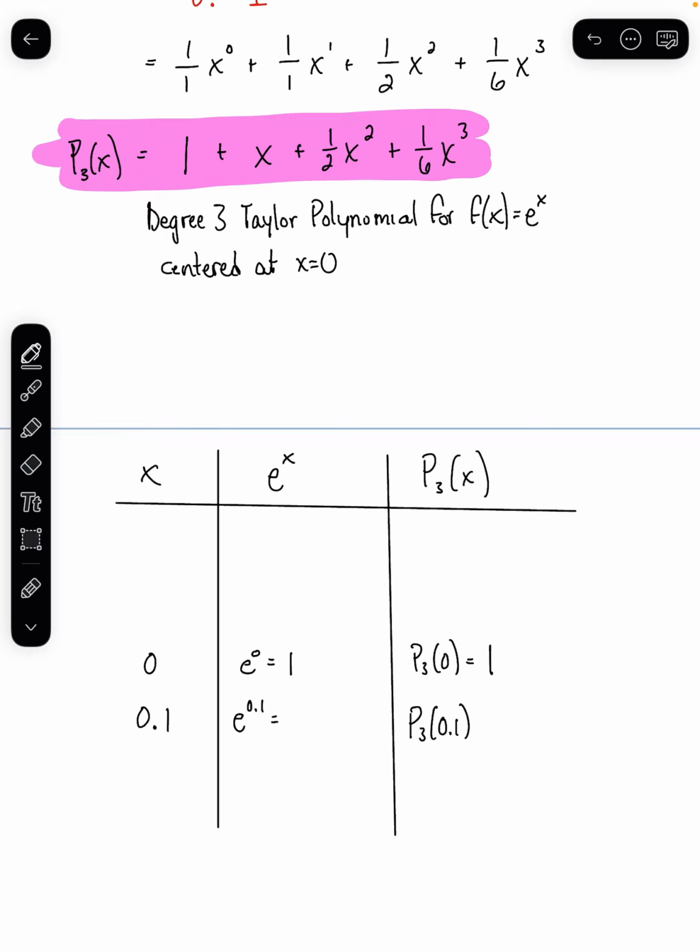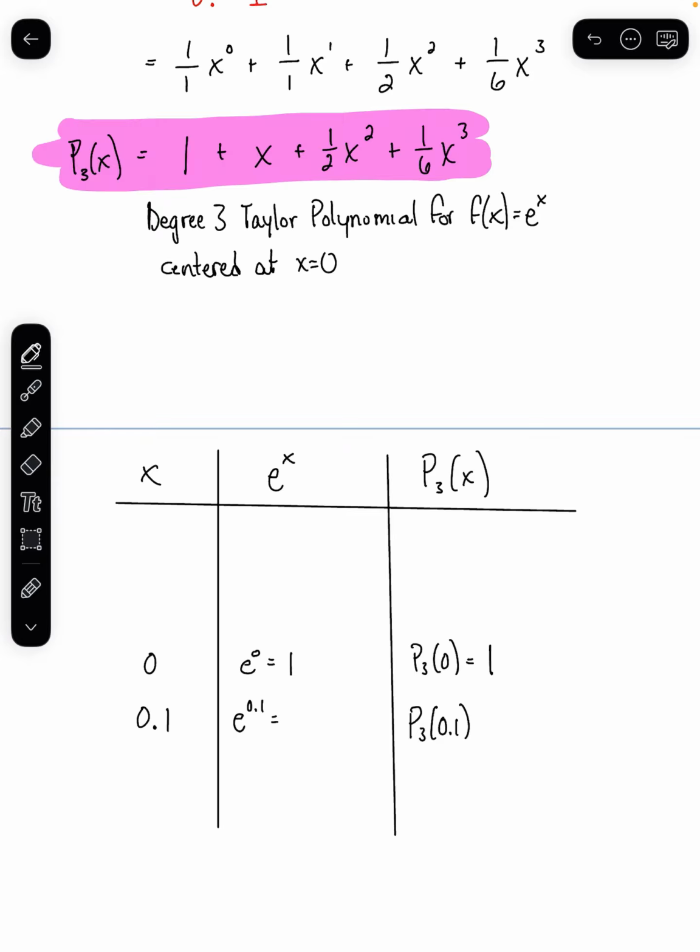And the answer is no, actually, because e to the 0.1 is difficult. It's an exponentiation with an irrational number for a base. Not only that, the exponent itself is kind of awful to work with. Even if it was a nice base, even if it was 2 to the 0.1, how would we even figure that out? But for the polynomial, if all we had was pencil and paper, could we actually do 0.1 to each of those powers? And the answer is absolutely we could.